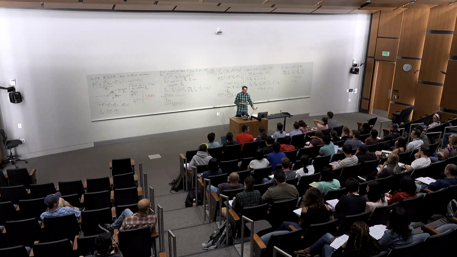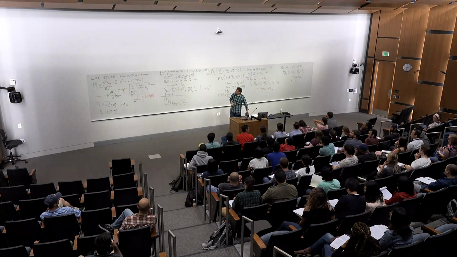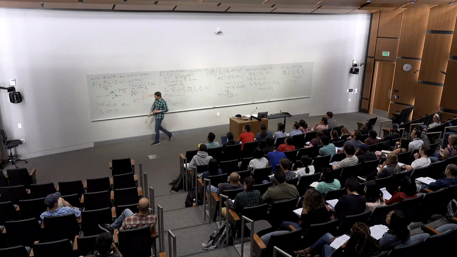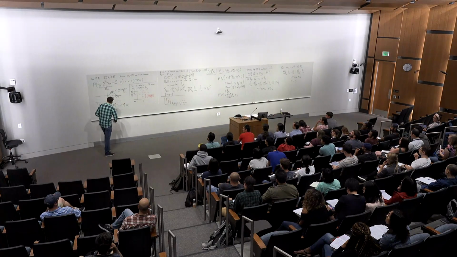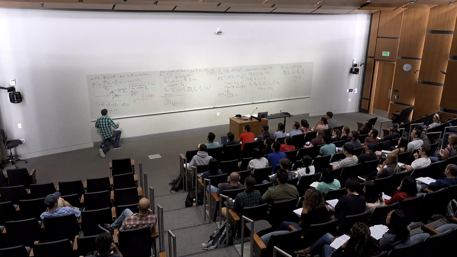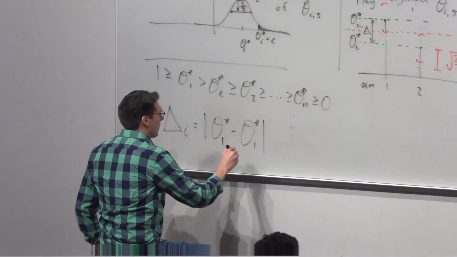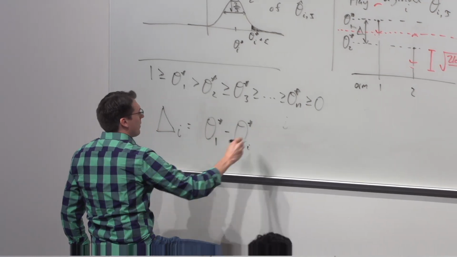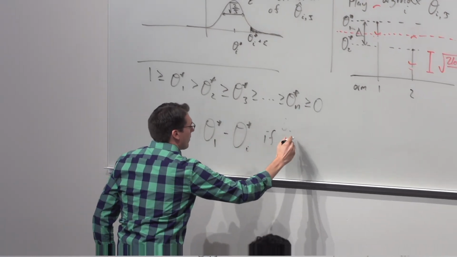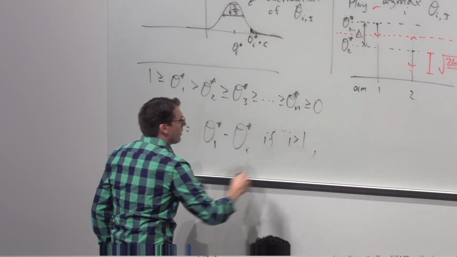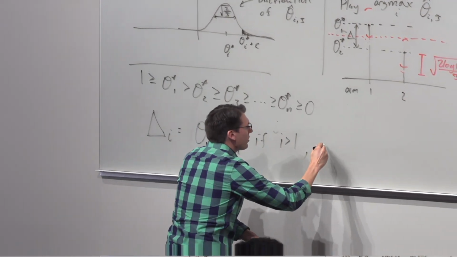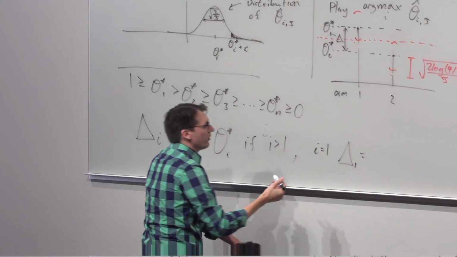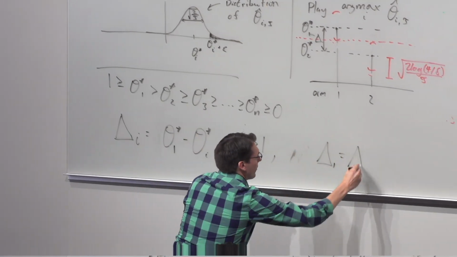So you define delta 1 to be 0 then? No, I define, so this is the absolute... I'm sorry. And then if delta i for i equal to 1, delta 1 is equal to delta 2.